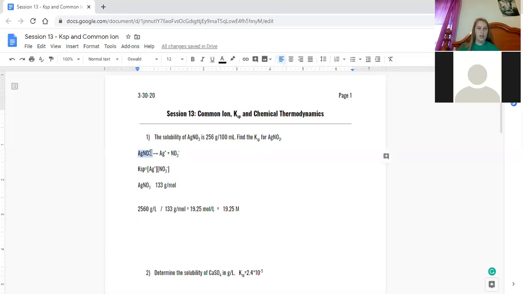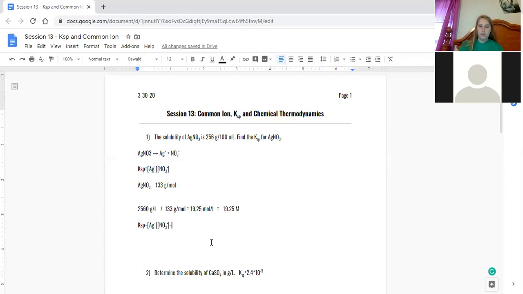So you can go ahead and go back to your KSP equation like we have here, and we'll just move that down. With our KSP equation, we can just multiply in this number.